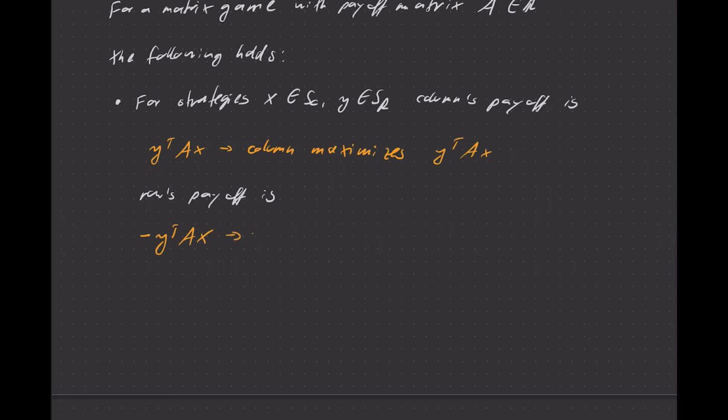So you could also say row either maximizes this expression, or you could say row minimizes y transposed A x without the minus sign. So if you have an expected payoff computed for the column player, then you can also use that for the row player, but you have to keep in mind that row minimizes, column maximizes. So those roles are different now if you use the same expression for the payoff.